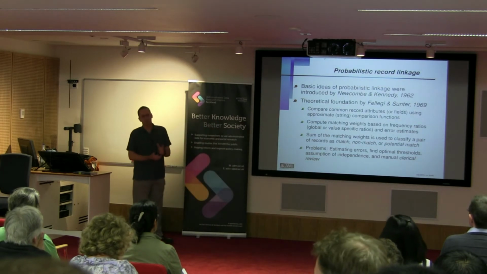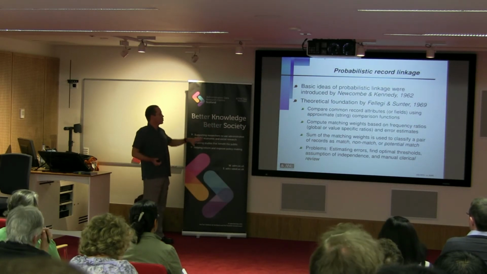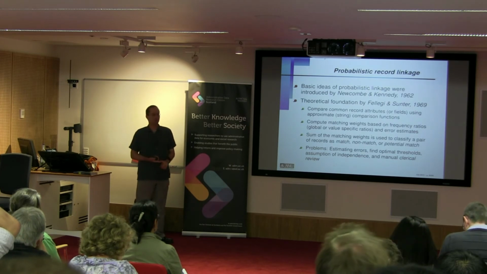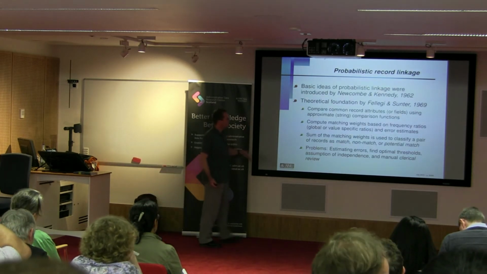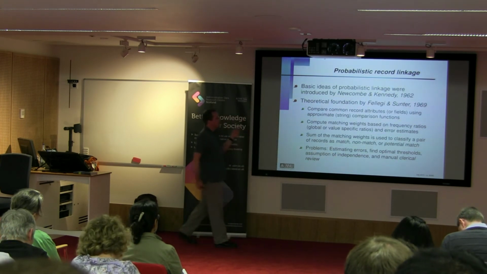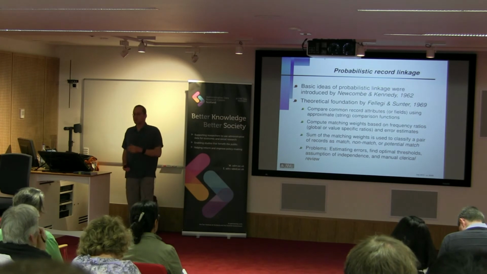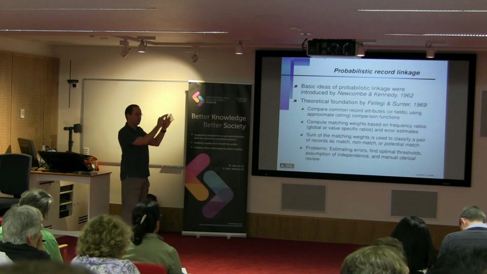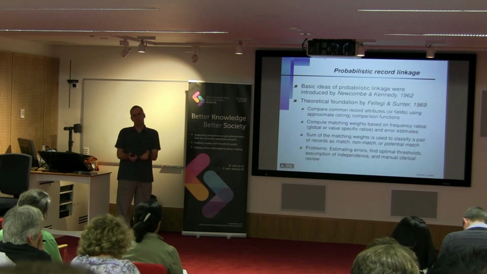The problem with this approach is it requires estimating errors in the data, and I'll give you an example as well, in order to calculate these probabilistic matching weights. Fellegi and Sunter, this approach also assumes independence between the attributes. So a similarity on first name is independent of the similarity on the last name.